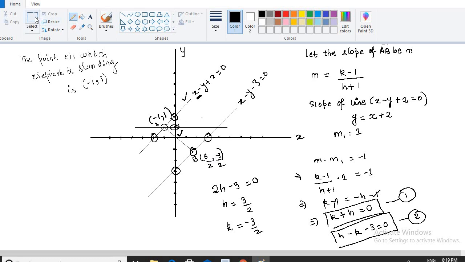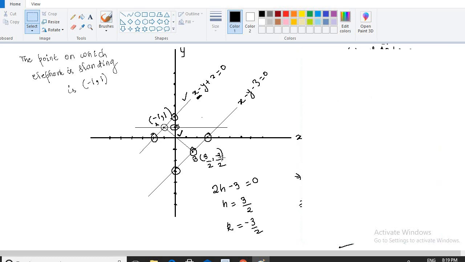Now I have got the two points. My task is to find the equation of this shortest path. You already know the formula for this: y minus y1 is equal to (y2 minus y1) by (x2 minus x1) into (x minus x1).